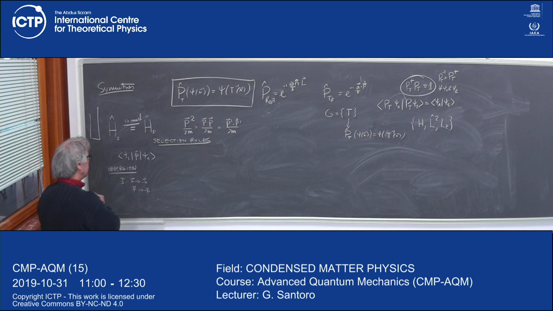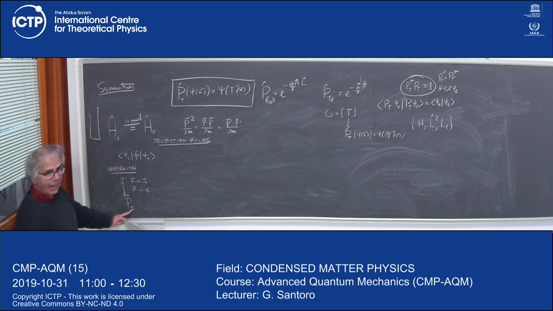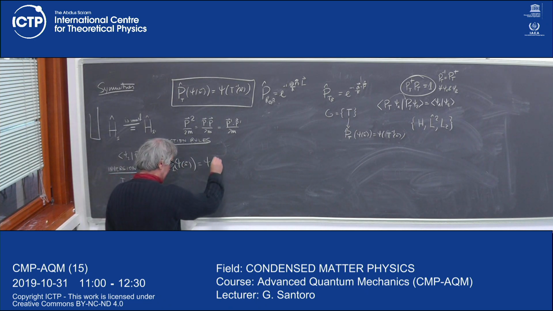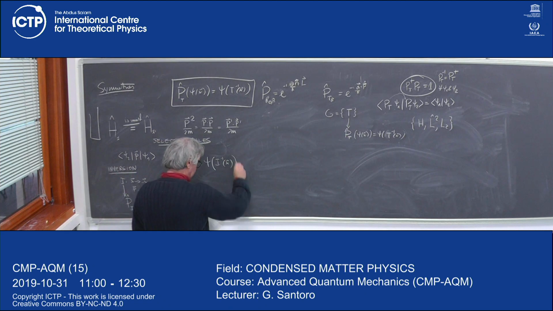Now, more properly, I apply the operator pi. How is pi acting on the functions? Well, I told you that it is equal to psi of the inverse of the operation. But the inverse of the inversion is the inversion. So this object is equal to psi of minus x.